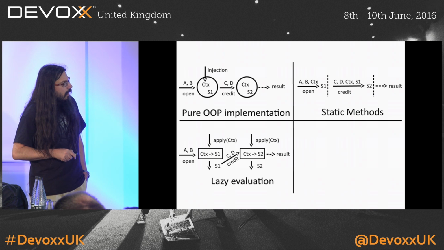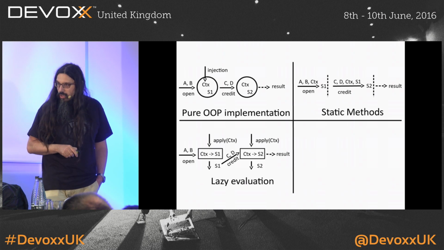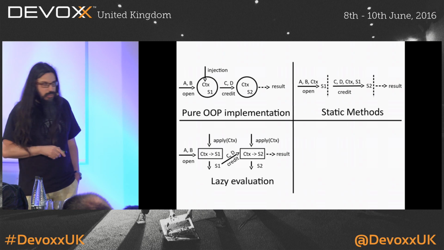And then I transformed the result of this into a function from a context to S1. Then I applied this function to the context, I'm returned S1, and then I'm returning again a function from a context to S2, I apply again, and so on. This is what I've done so far.